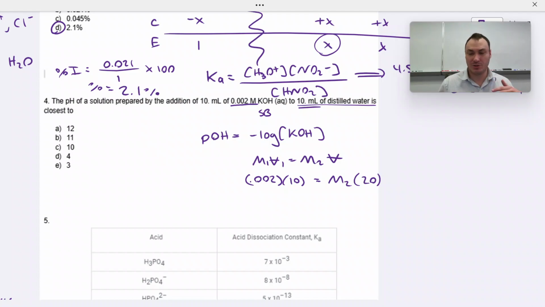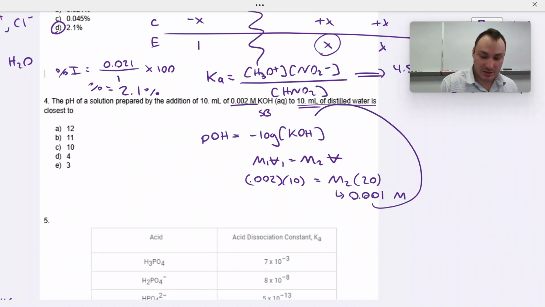The dilution equation doesn't need it to be in terms of liters. You can use milliliters as long as it's milliliters on both sides. So 0.002 times 10 divided by 20 is 0.001 molar KOH, which makes sense. If we double the volume, we halve the concentration.